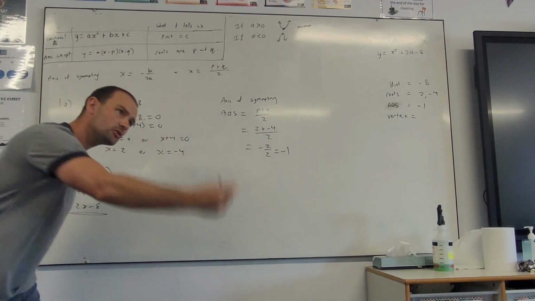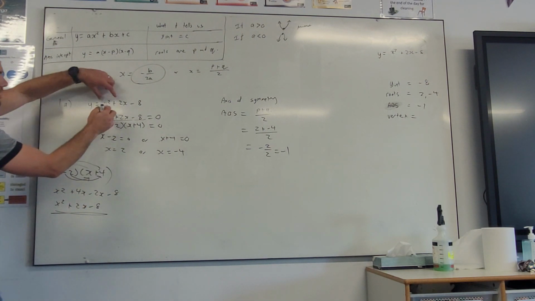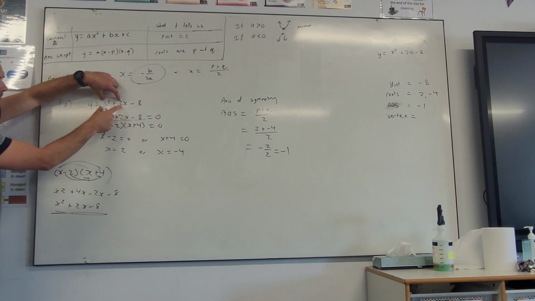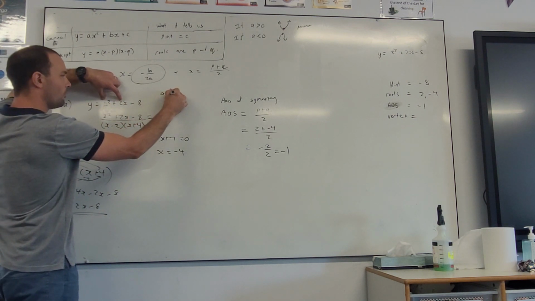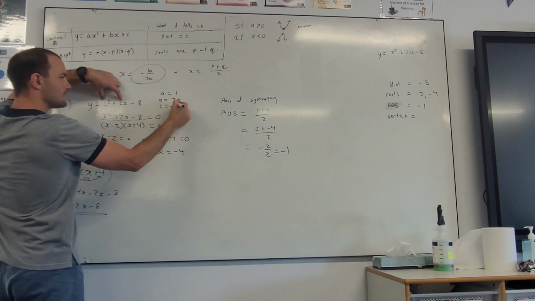We can even do that from the general form using this formula: minus b divided by 2a. Here's the general form, and if we're looking at the general form, a is positive 1, b is positive 2, c is minus 8.